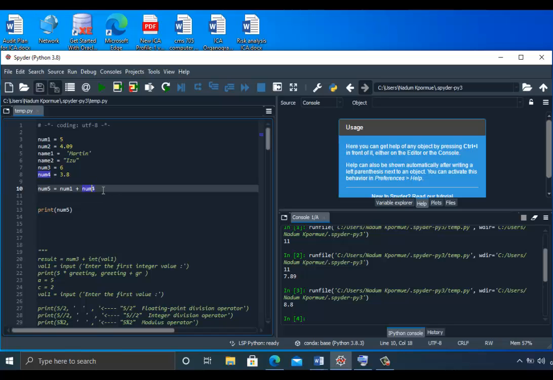So the result now determined what this variable num5 data type is.